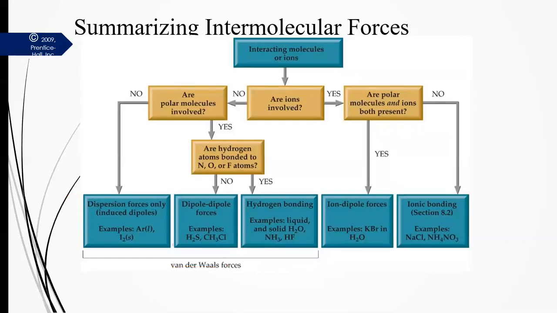Now, if you have any ions present, so that could be something like a polyatomic ion, or a very high electronegativity difference between them, then you could have an ion dipole. That could be something like our solutions that we make. Or you could have something like ionic bonding, NaCl, or ammonium nitrate. Those are two polyatomics coming together, making those ions.